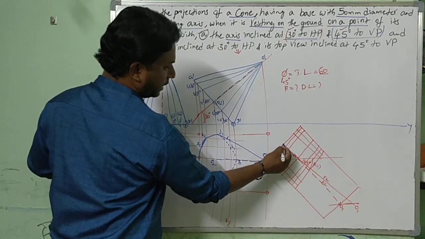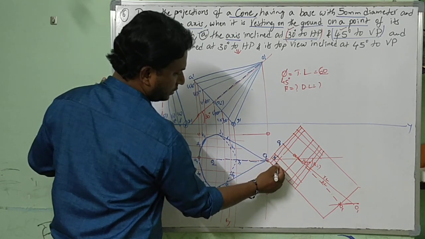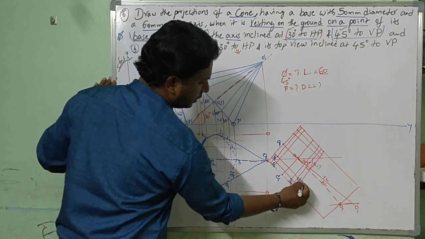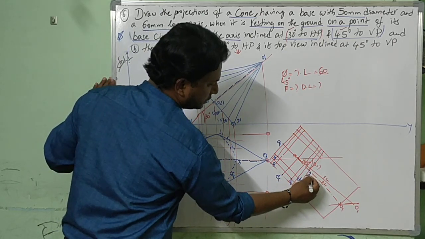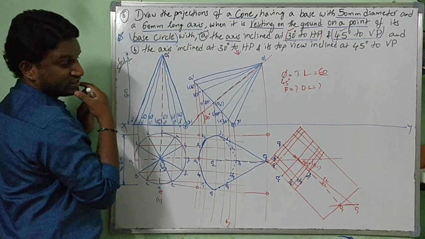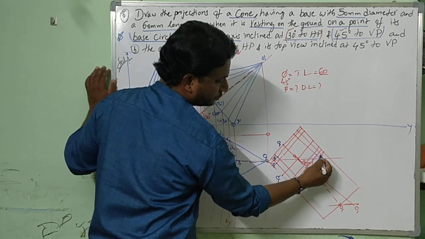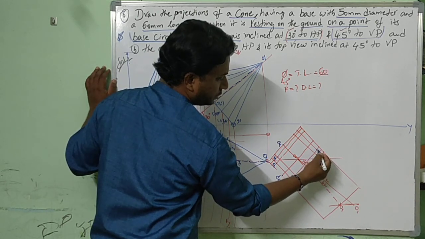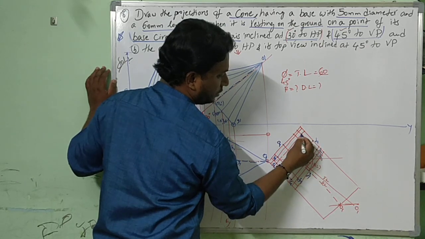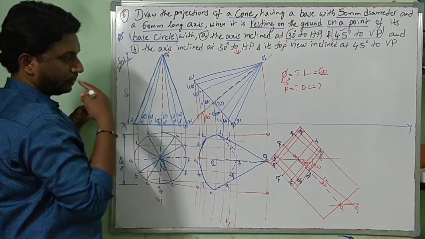Here I can start as A1, B1, C1, D1, E1, F1, G1. With respect to diminishing length, G1 here, H1, I1, J1, K1, L1.